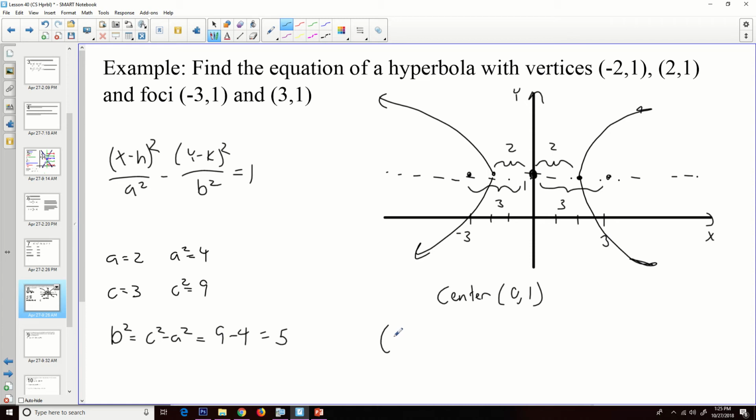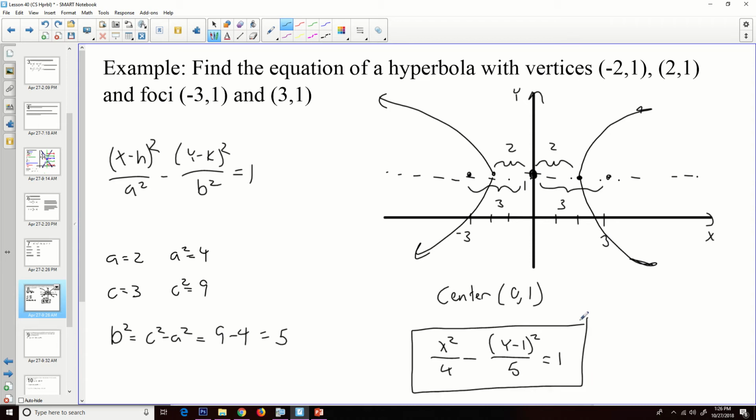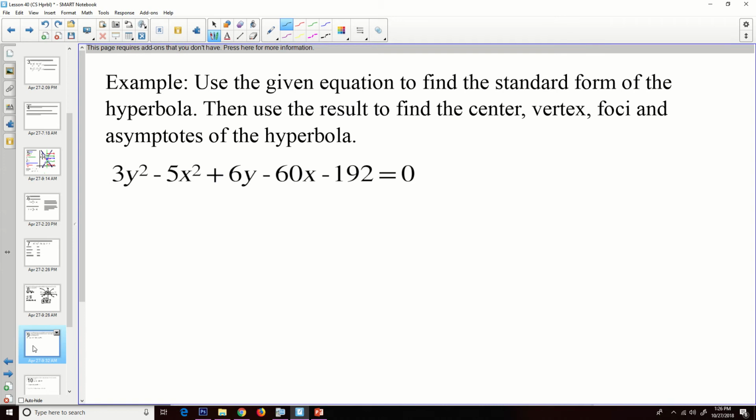I don't even need that, because x minus 0 will just be x squared over a squared, which we know to be 4, minus y minus k, and k is 1, so y minus 1 quantity squared over b squared, which we know to be 5, and that's going to be equal to 1. So I put a box around that, and we move on to our next problem.